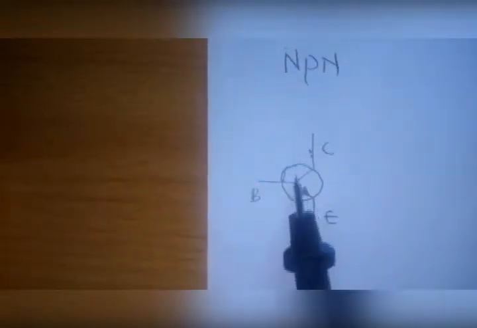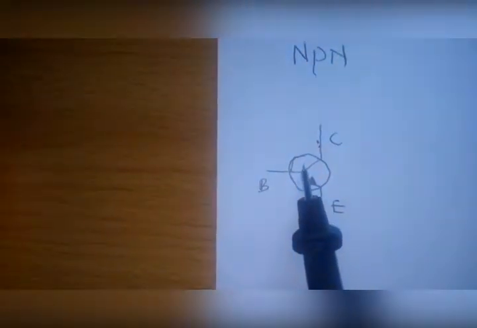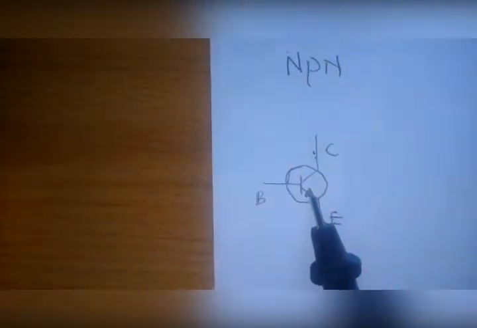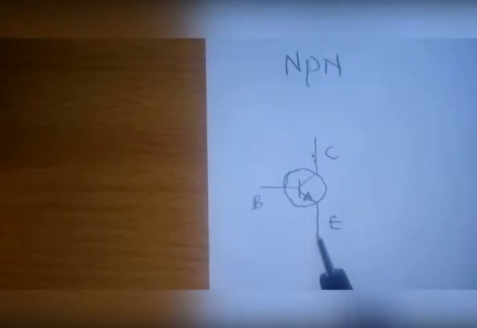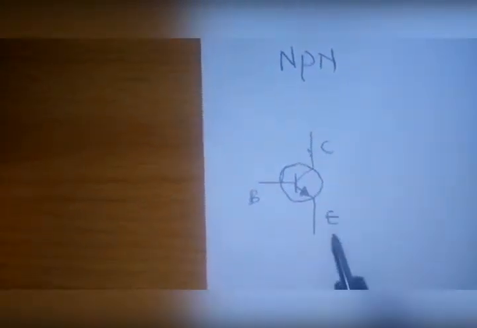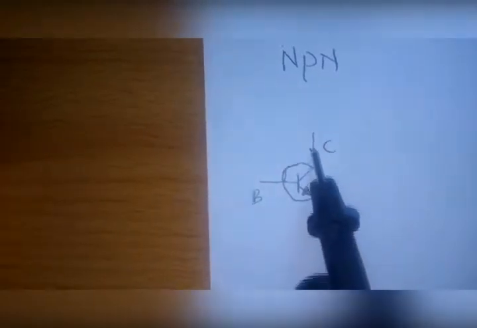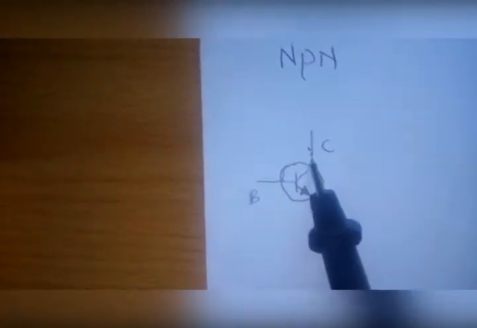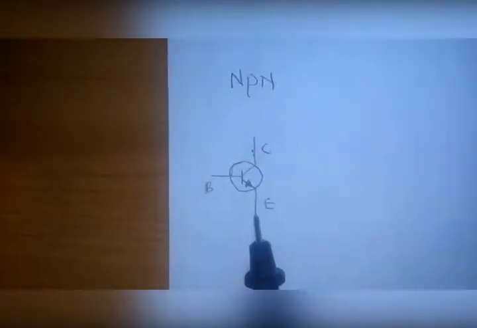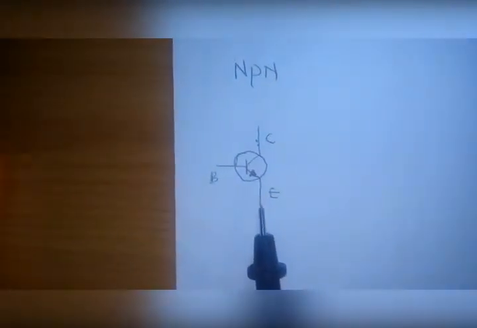So it either opens or it closes. By the time it opens, the voltage or the electron will go out through the emitter. So it means that the input voltage goes in through the collector and goes out through the emitter.